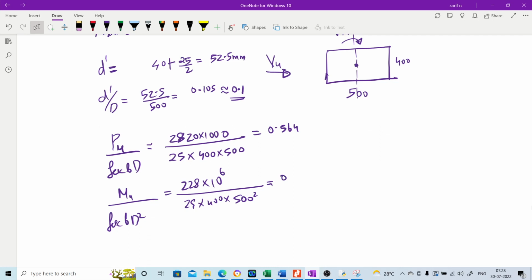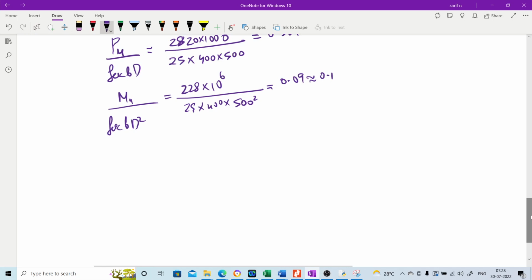We get a value of 0.09, which we may take as approximately 0.1. Now if we go to SP16, the interaction charts are available. We go to chart number 44 of SP16.